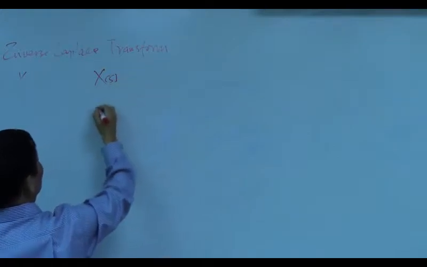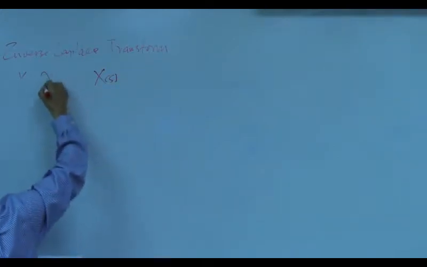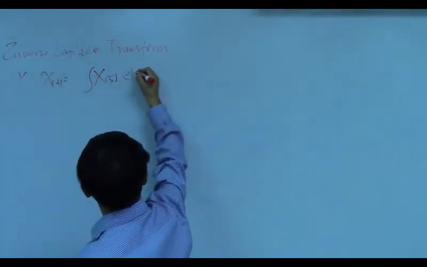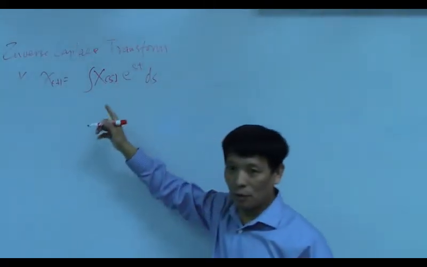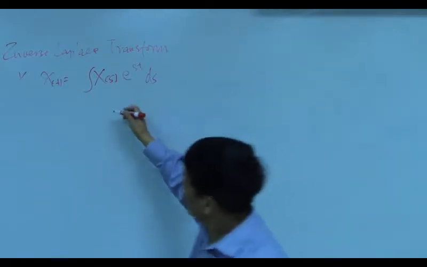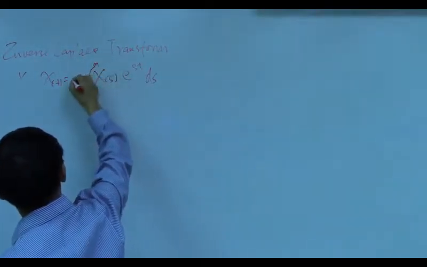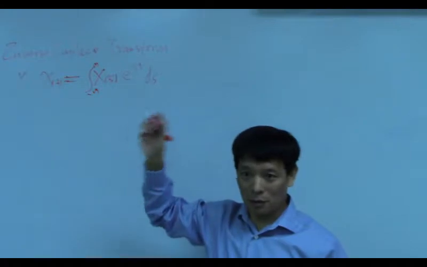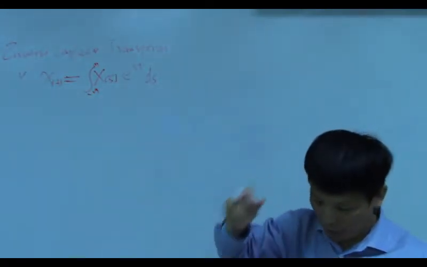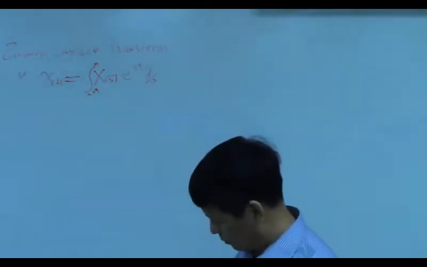That means if we know the Laplace transform of the signal, how to calculate the time domain signal. We are going to do the integration of this, multiply by e to the st. Then the integration must be with respect to s, from negative infinity to positive infinity. So that is the direct method. But usually we do not use this method because this sometimes is lengthy. So we have a better way to do this.